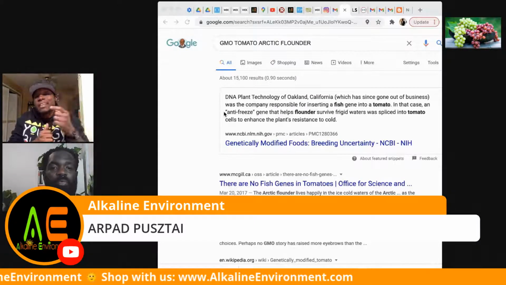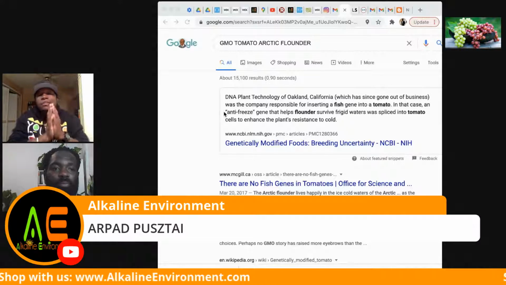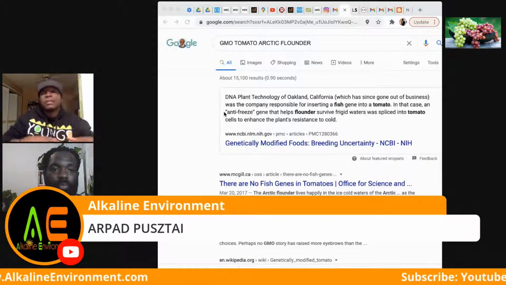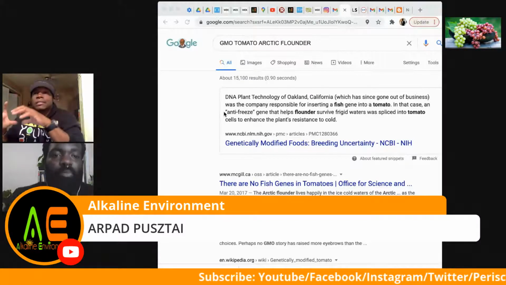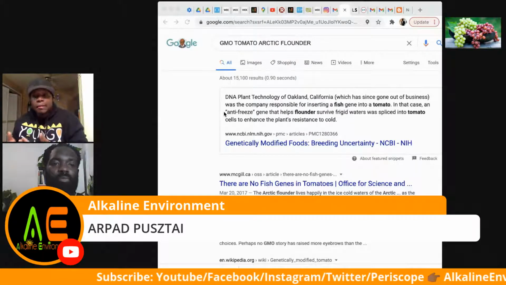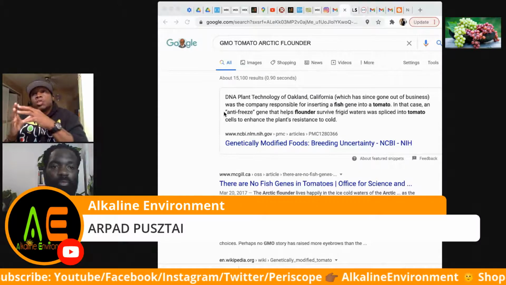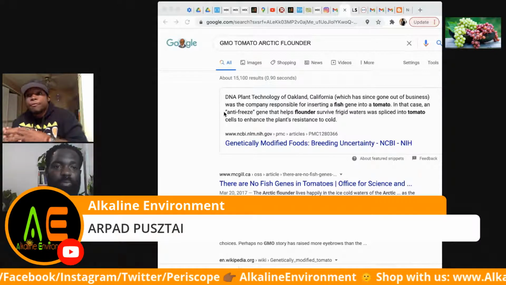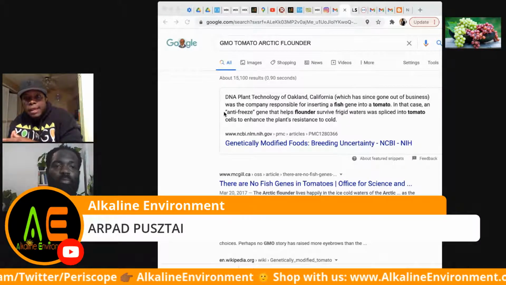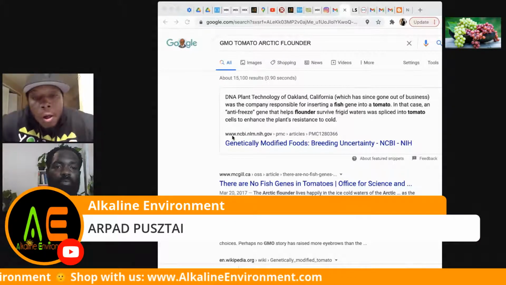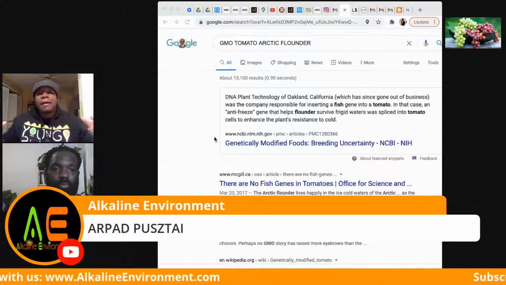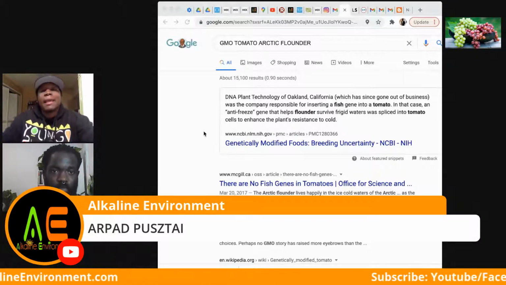And then they spliced it, they inserted it into the tomato because the whole purpose was to grow the tomatoes in the winter, I believe. I guess to keep the tomato from freezing and dying, basically. So that was the whole idea of that. That was the whole ideology behind that.